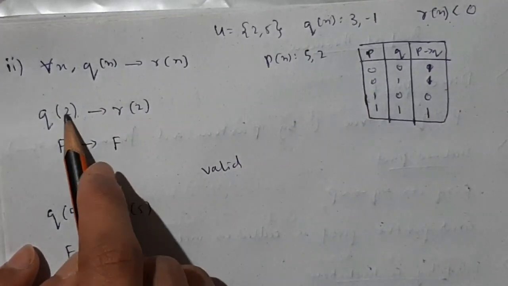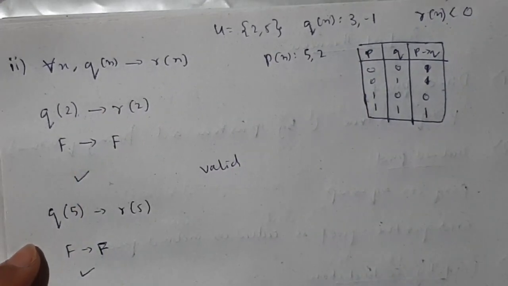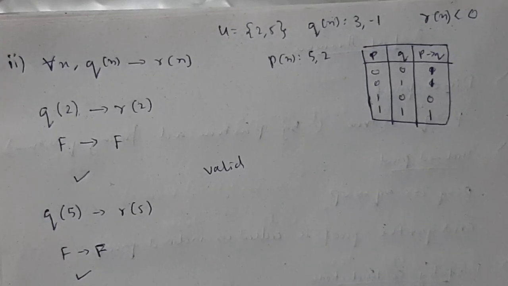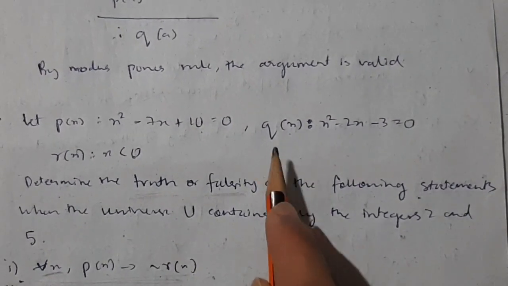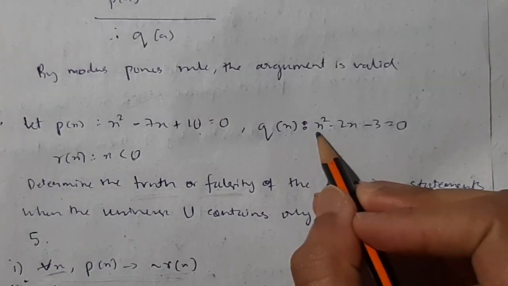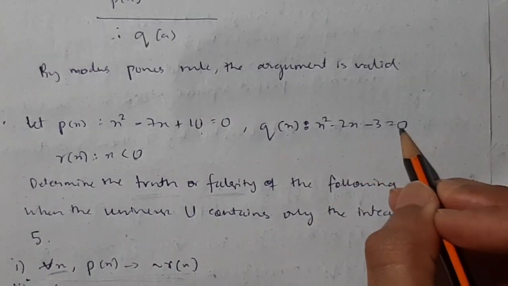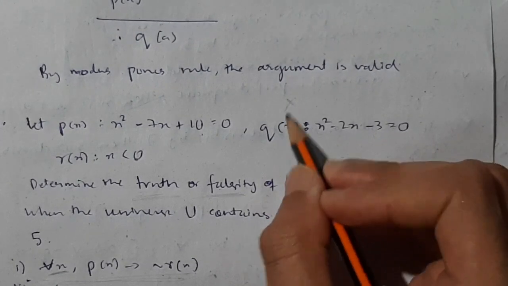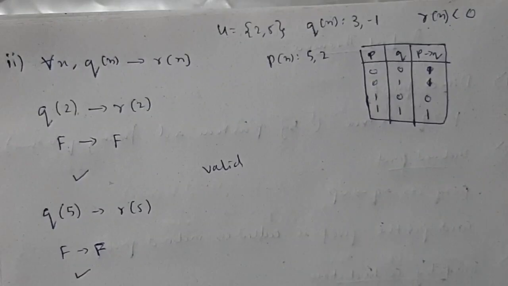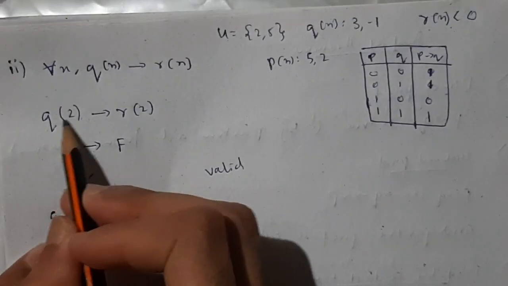If you put 2 there, you won't get the equation correct. See here in this problem, what q of x you have. If you put 2 here, you will not get 0. So q of x is not 0, this is false for 2. That's what you have written here, q of 2 is false.